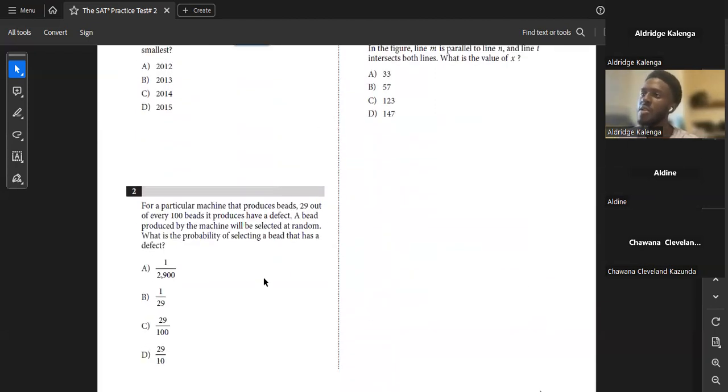Question 2. For a particular machine that produces beads, 29 out of every 100 beads have a defect. A bead produced by the machine will be selected at random. What is the probability of selecting a bead that has a defect? Choice C. I concur with that assessment.